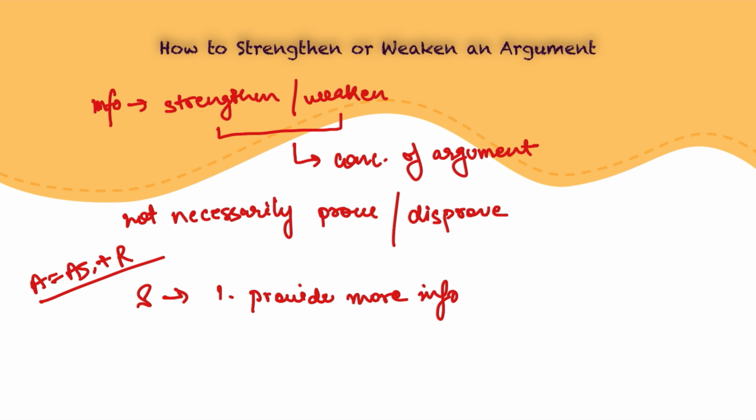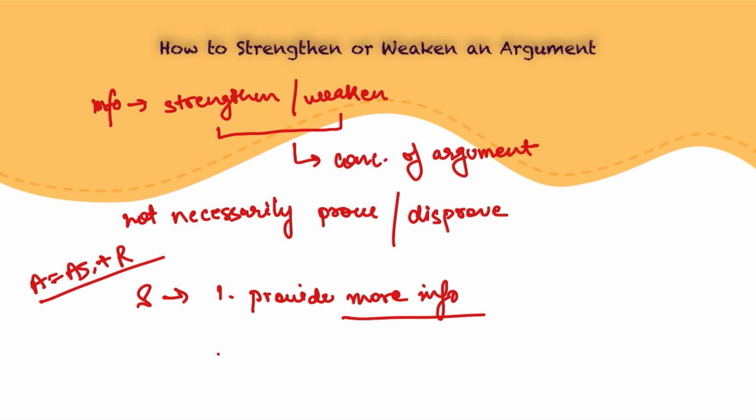Now when we look for strengthening or weakening, if the question asks you which one, if true, is going to strengthen the argument, that can only be done in two different ways. One, it will provide more information which will add to the reason that is provided, making it more likely to be true.